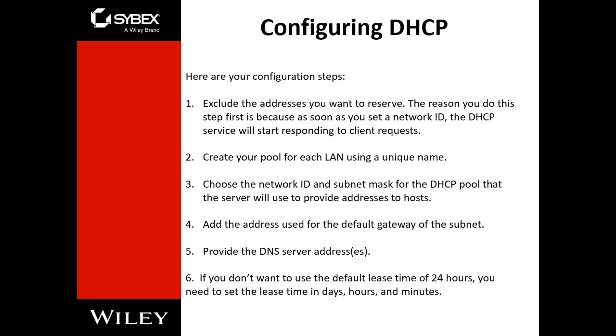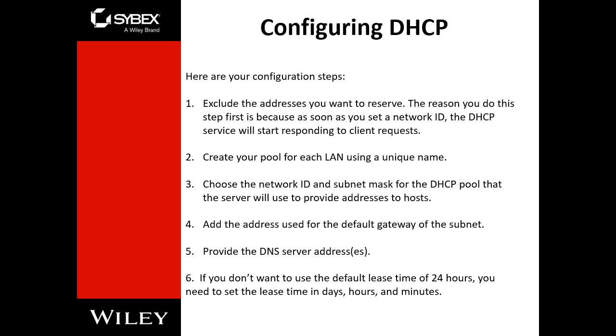And the DHCP can share the address of your DNS server as well. Now, DNS, some of you will recall, is your domain name service, which allows us to convert fully qualified domain names into IP addresses. Okay? If you don't want to use default lease times, which is typically like 7 days, you need to set a lease time and you specify the number of days, hours, and even minutes.